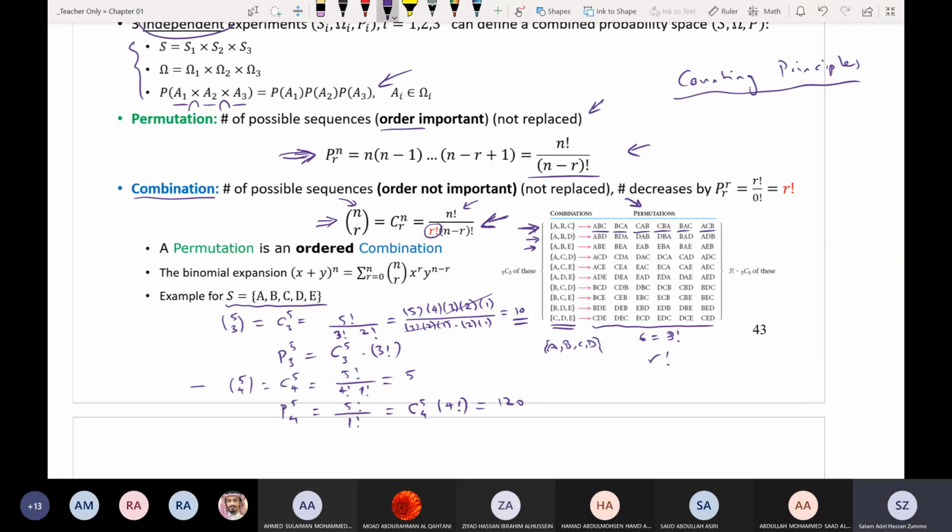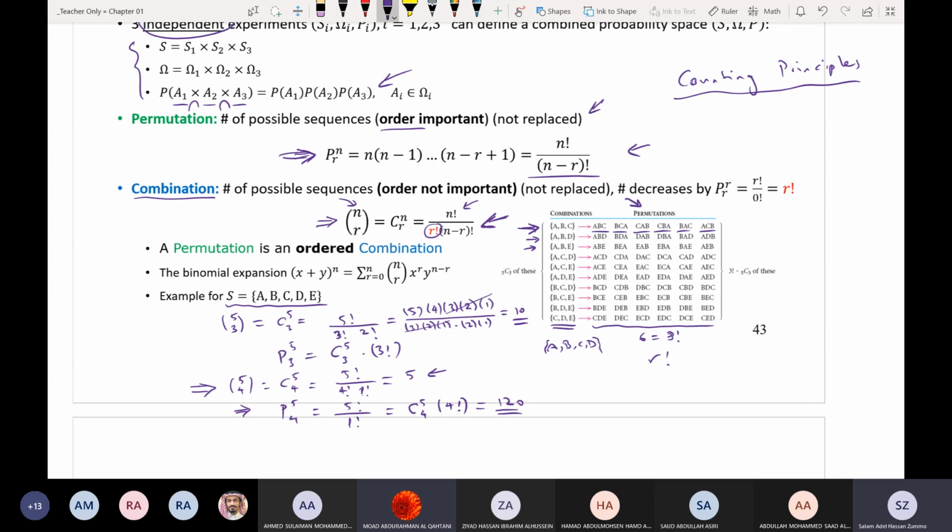Here, for 5 choose 4, I have only 5 combinations, because I can choose 4 out of 5 in 5 ways. But every one of them I can reorder r factorial, which is 4 factorial, which is 24 times. So the number of permutations is 120. Is the idea clear? Every one of these 5 combinations I can reorder 24 times.